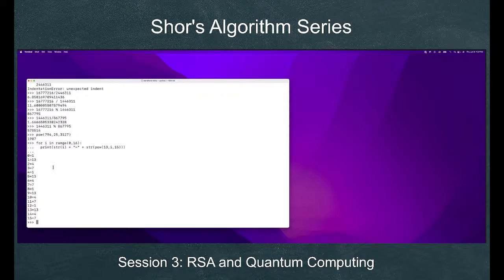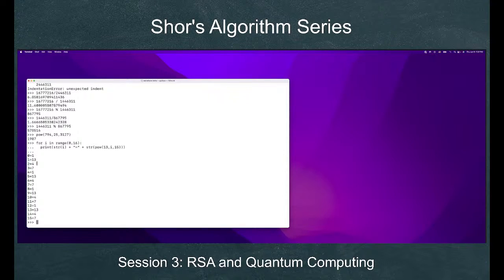Because the period r here is equal to 4, the possible values of the output register are only 4. So there are only 4.